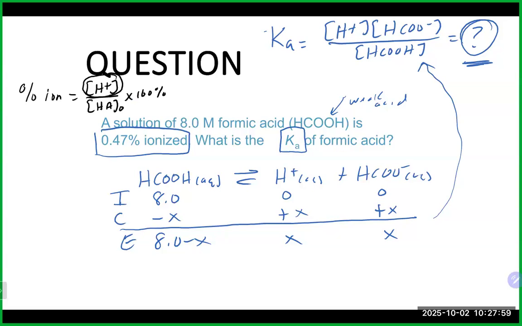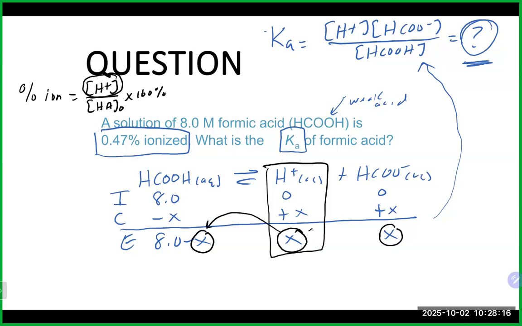That would be really helpful because in our table, the H plus concentration is equal to X. And that X is the same X as this X, and the same X as this X. So by knowing the percent ionization, we can figure out the X value in our table without having the Ka value, and that will eventually get us to the Ka value.